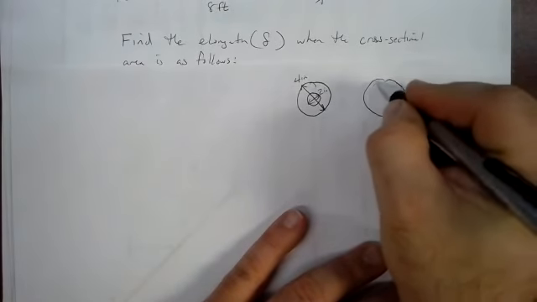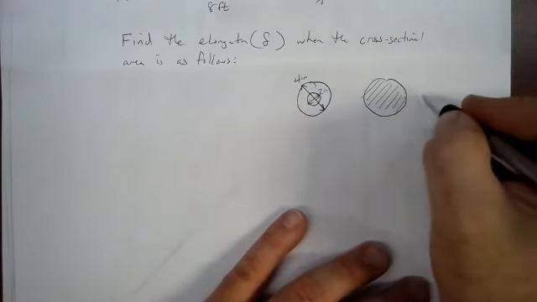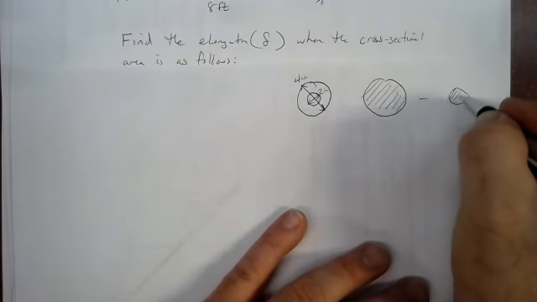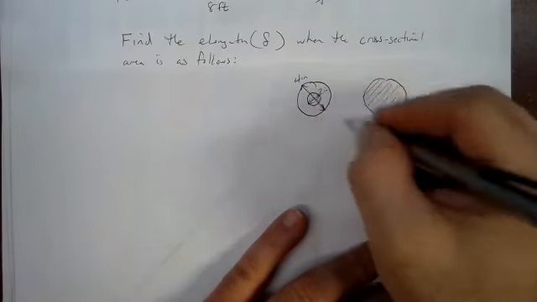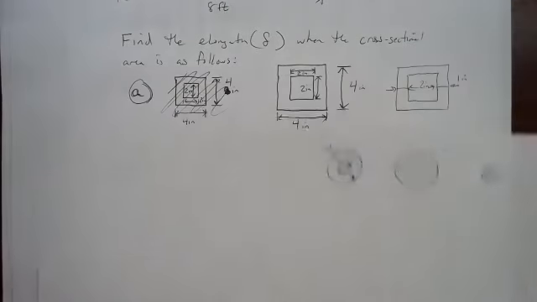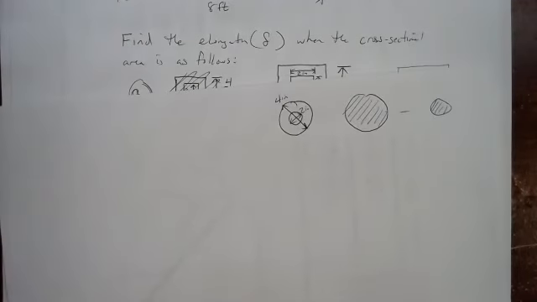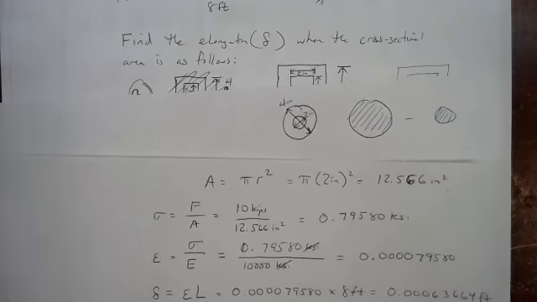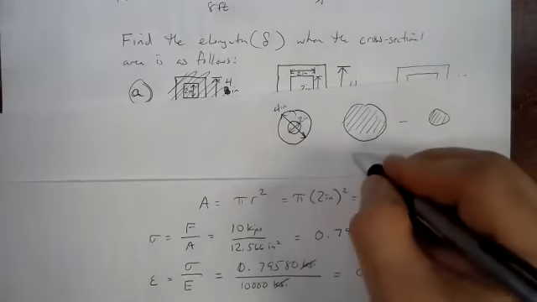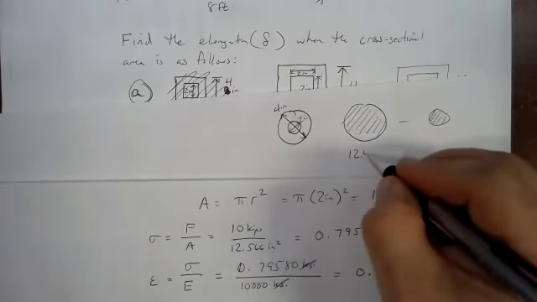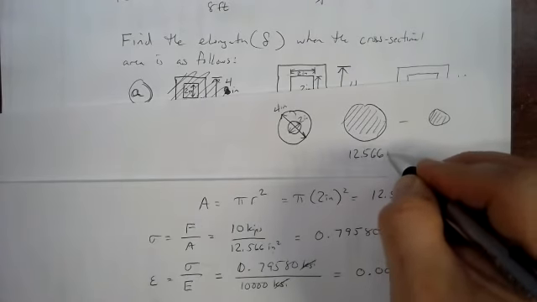Find the area of the whole big circle and subtract off the area of that smaller circle. So the bigger circle has a diameter of 4 inches, and we already figured out the area for that from our previous calculation. With a 4-inch diameter, we got 2 inches of radius. So this is 12.566 square inches.